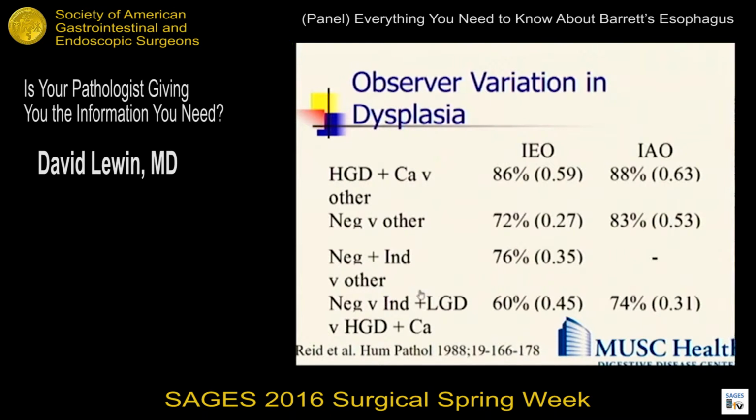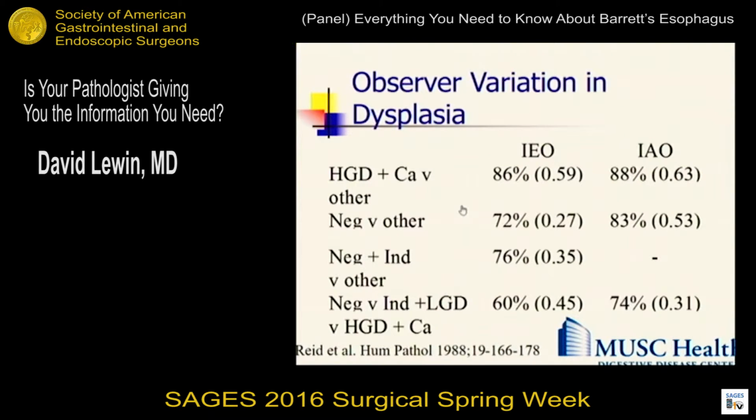This is a classic original paper from Reid et al., looking at basically the same thing. They reported their study initially as basically agreement. We calculated some kappa values to show how that goes.